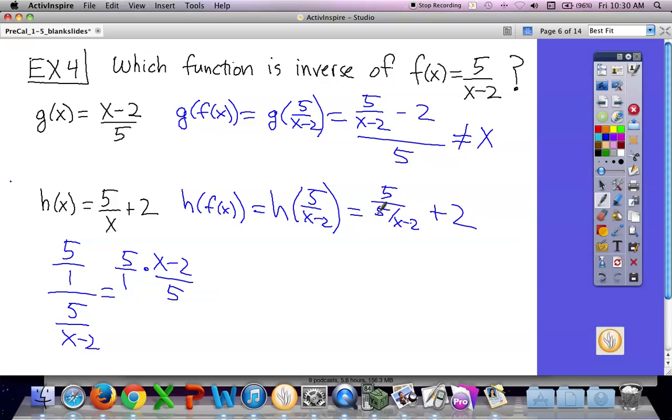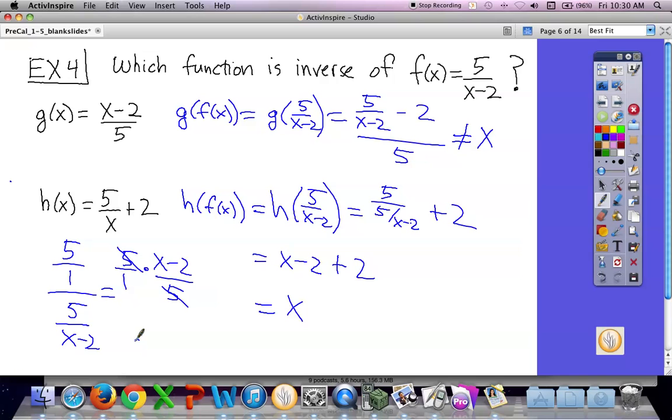So we're going to take this thing and flip it. When you do that, the 5's cancel. And all that's left is x minus 2 in the numerator. So this whole thing becomes x minus 2, and then we've got the plus 2 that comes after. So the 2's cancel, and that is x.